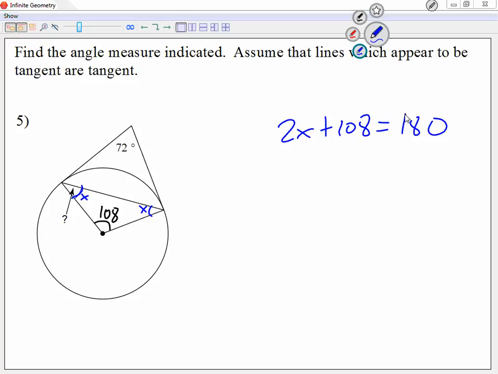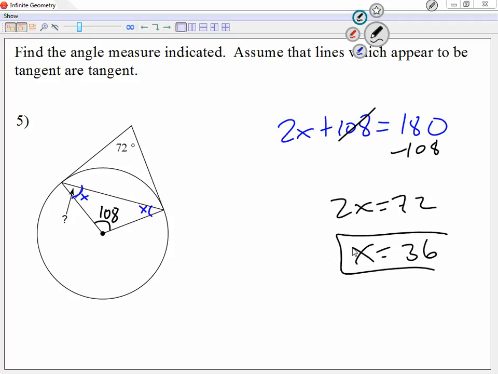I added the three angles of the triangle. Notice how x plus x, I wrote it as 2x. So 2x plus 108 is 180. So let me subtract 108. I get 2x equals 72. So x must be equal to 36. See it now?